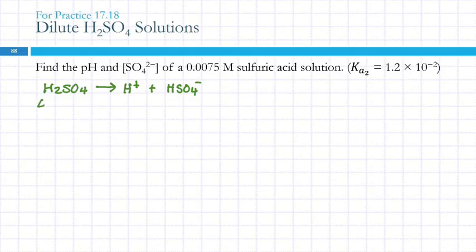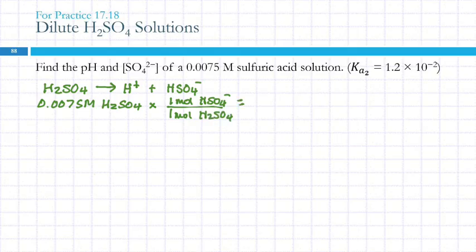So if we have 0.0075 molar H2SO4, how much HSO4- are we going to end up with? We don't need an ice table. We're going to end up with the same number, because there's 1 mole of HSO4- for every 1 mole of H2SO4, and so it ends up being the same.